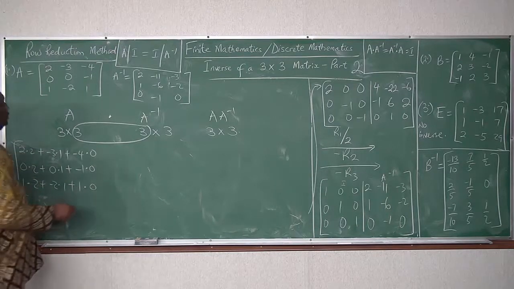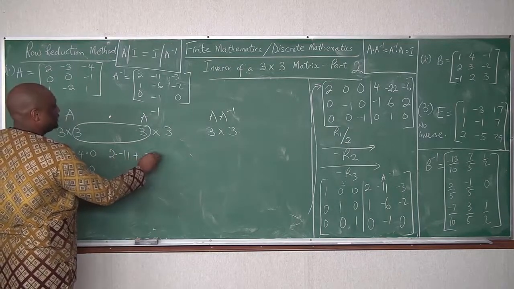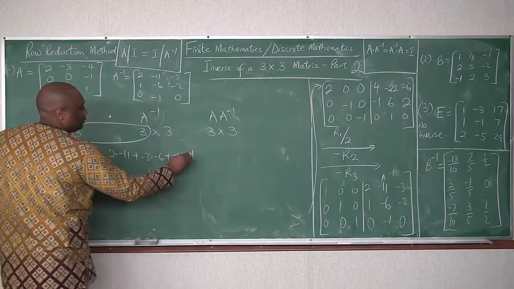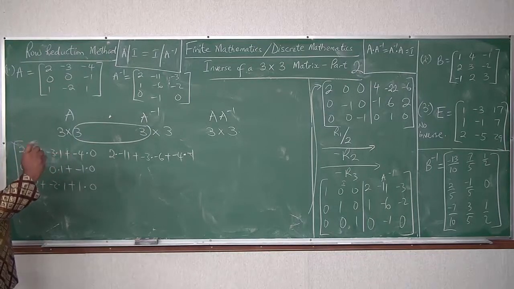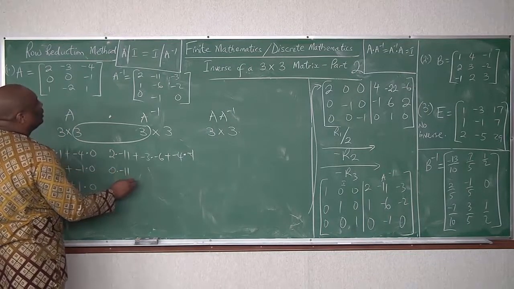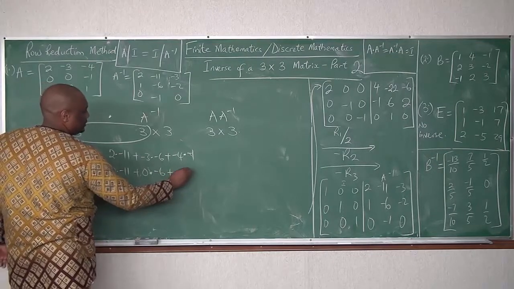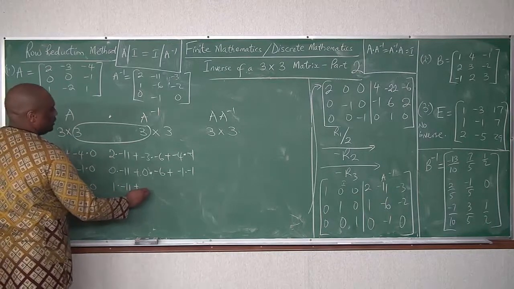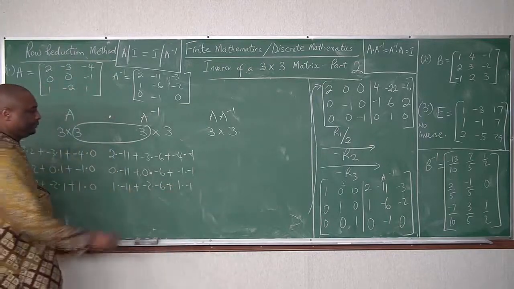Then the second column: 2 times negative 11 plus negative 3 times negative 6 plus negative 4 times negative 1, 0 times negative 11 plus 0 times negative 6 plus negative 1 times negative 1, 1 times negative 11 plus negative 2 times negative 6 plus 1 times negative 1. This is the second column.